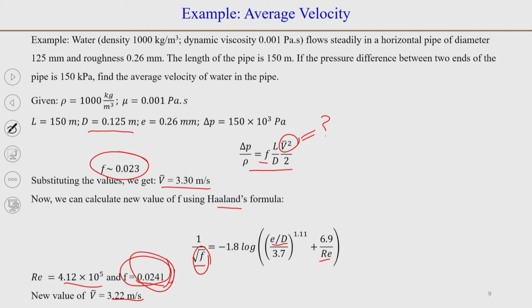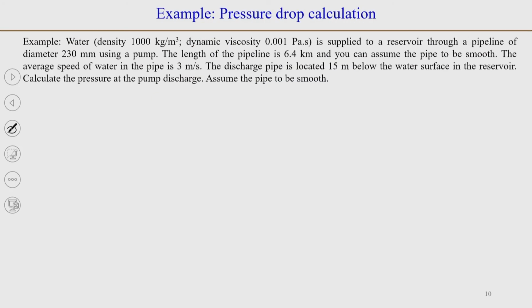Okay. So, we will solve another problem now, where we need to calculate the pressure drop. So, the question reads that water is supplied to a reservoir through a pipeline of diameter 230 mm using a pump.